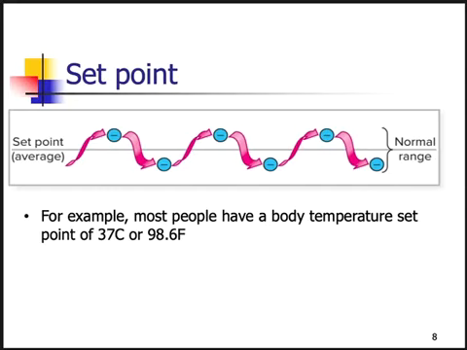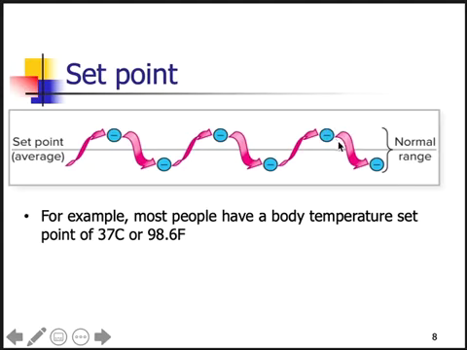All right, so at any given moment, a person with a set point of 37C could be slightly above or slightly below the set point. So this line here represents the set point, and this above and this below represents the normal range. So it's okay to be 37.1, 37.2, right? So 0.1 or 0.2 above the set point. But if you go too far, then the body's going to receive information.